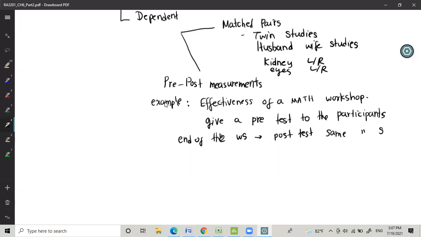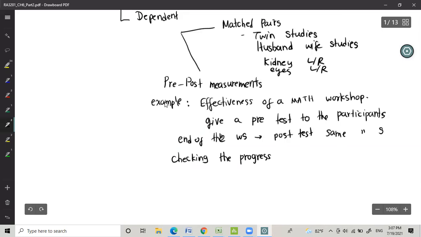So let's say checking the progress of the fracture before and after fixation.